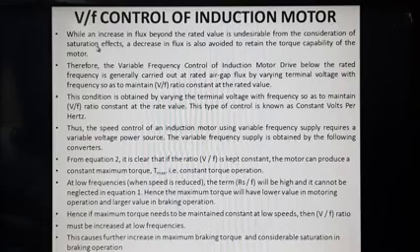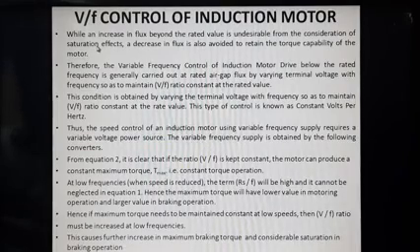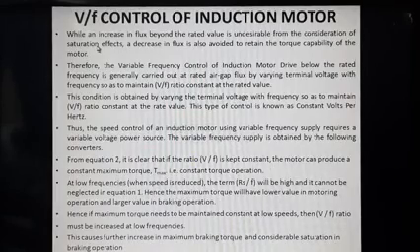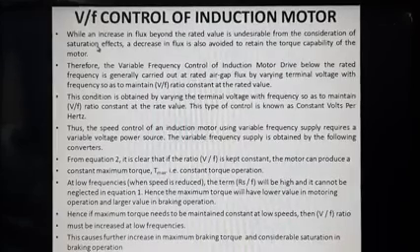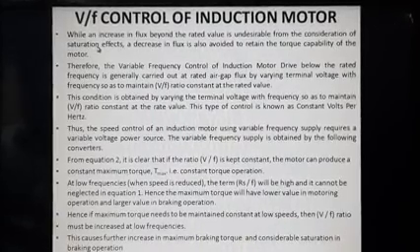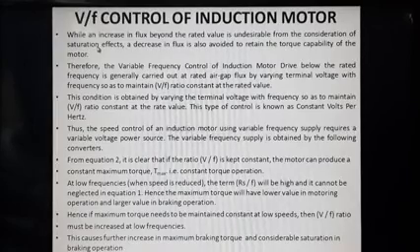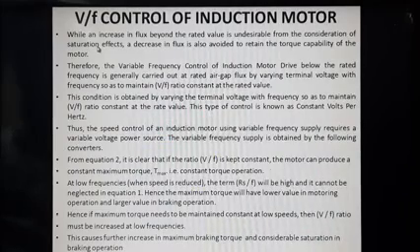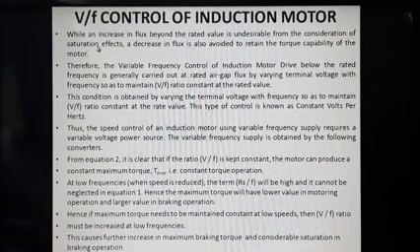So the current source inverter and voltage source inverter will come into the picture whenever we want to reduce the frequency as well as voltage simultaneously. In fact, the V by F method of speed control can be easily achieved with the help of these inverters, current source inverter as well as voltage source inverter, by changing the switching of the various types of switches, that is IGBTs or MOSFETs which you are using there.